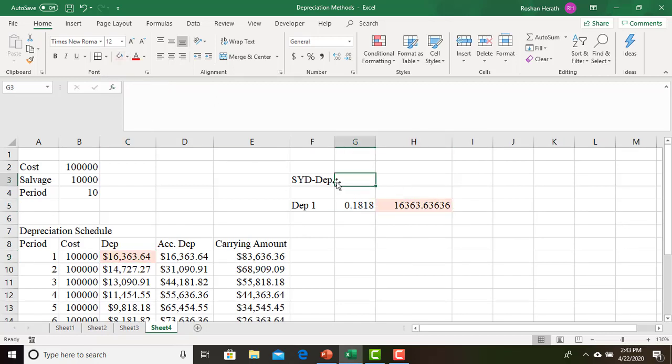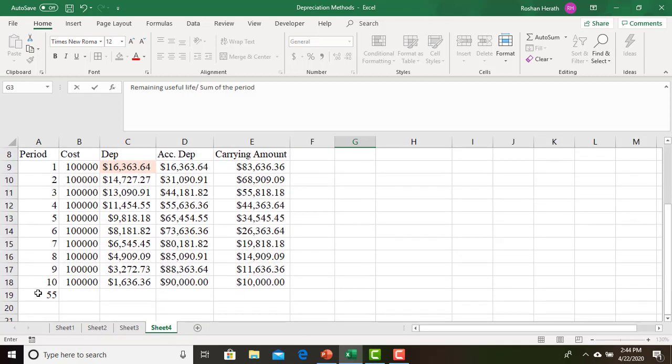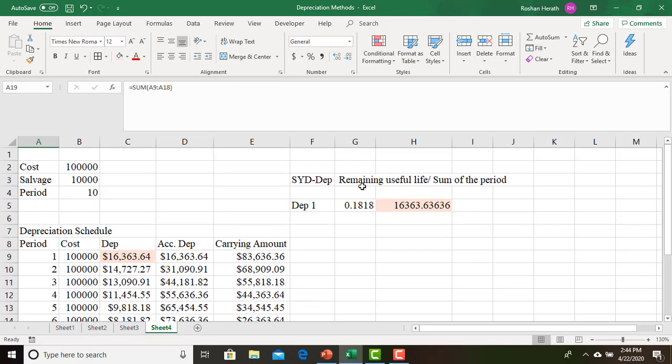So when it comes to the sum of year digit method, if I write the formula, you take the remaining useful life over the sum of the periods. So you take the sum of the periods. Then in the very first year you get the remaining useful life, so you get 10 divided by 55.